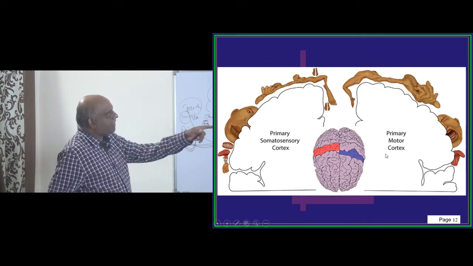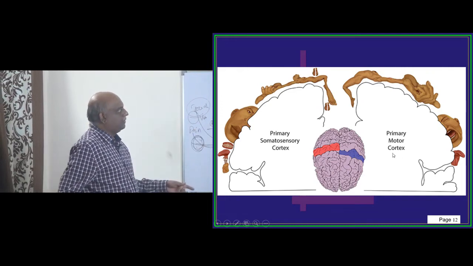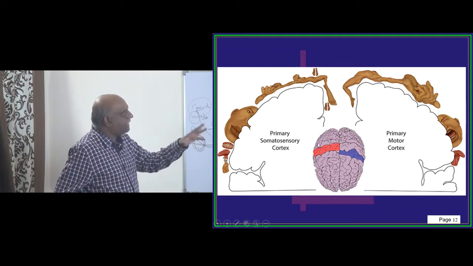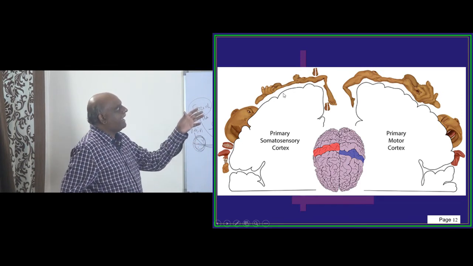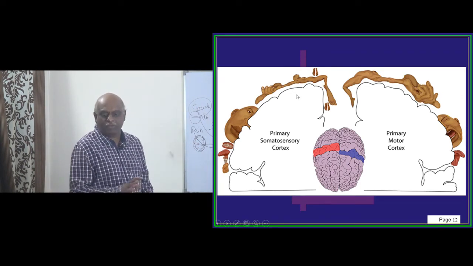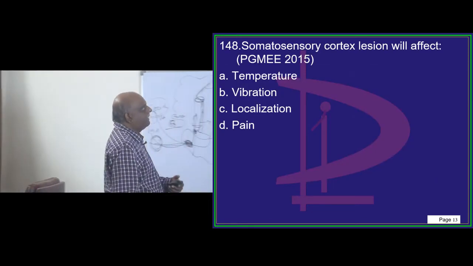So you have a motor cortex, you have a somatosensory cortex. If you compare the two, both in motor cortex and somatosensory cortex, the face and the palm have the highest amount of representation is what I want to ultimately underscore for you.